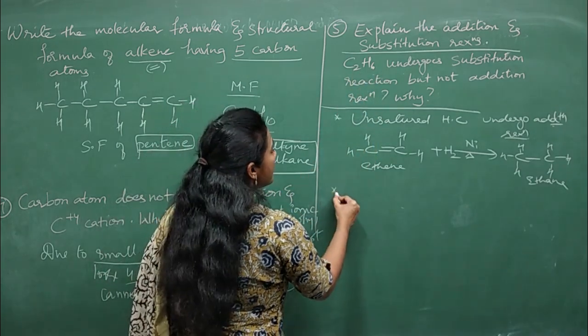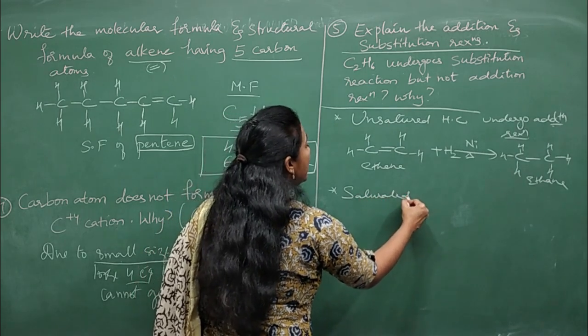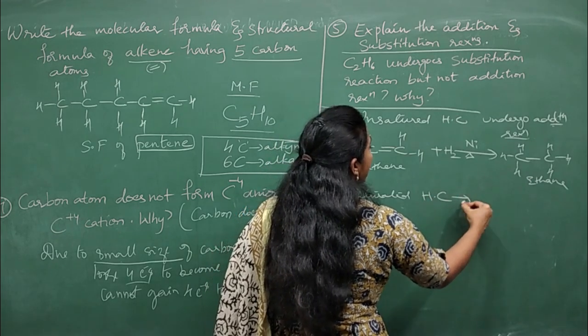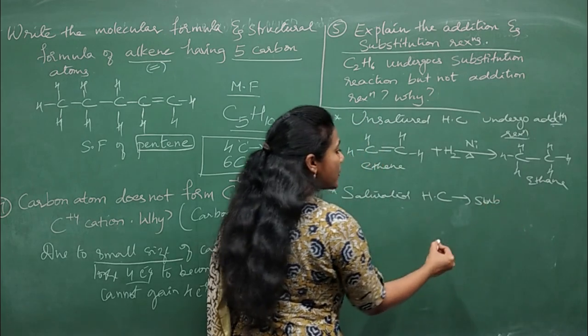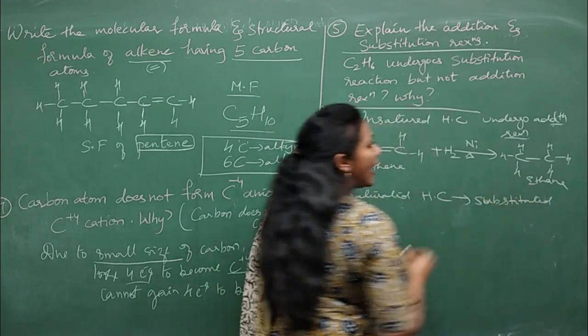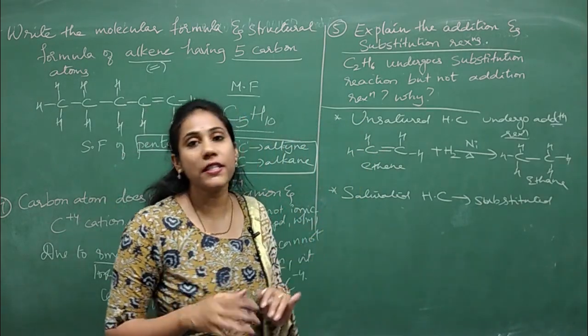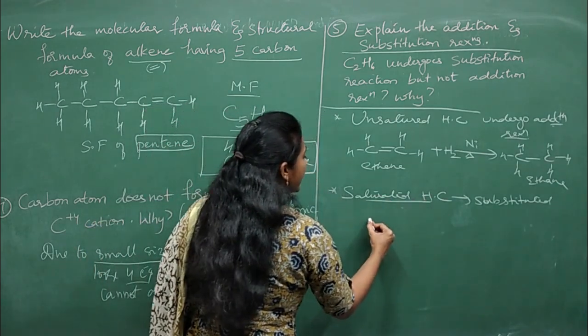Remember guys, always saturated hydrocarbons undergo substitution reactions. Clear? So this particular concept is very important. Always saturated, that means carbon compounds with single bonds can only undergo substitution reaction, right? So what is the example that you can give here?